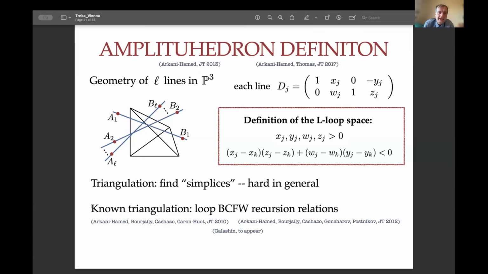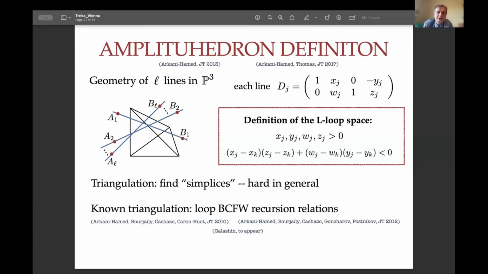Now, from physics, we actually do know that there is a triangulation of this space provided by the BCFW recursion relation. It's just that naively it doesn't look natural in terms of these parameters, because the loop BCFW relates the L loop MHV amplitude to L minus 1 loop NMHV amplitude, and then the k grows and the number of legs grows if you continue the recursion.